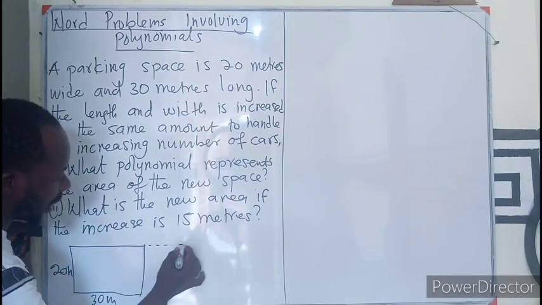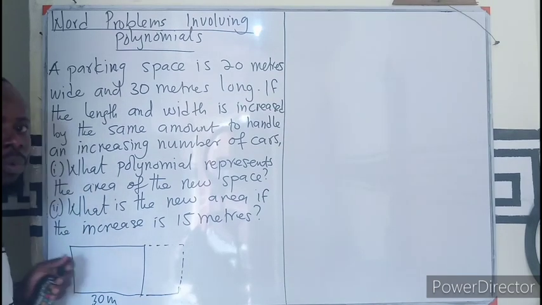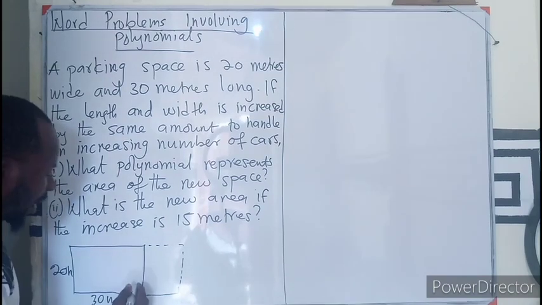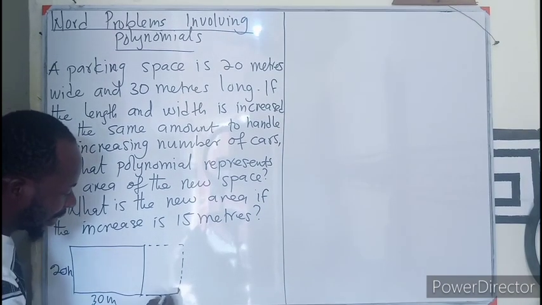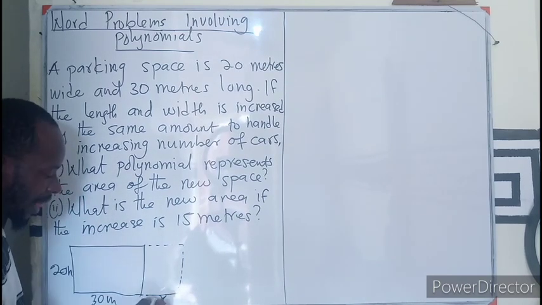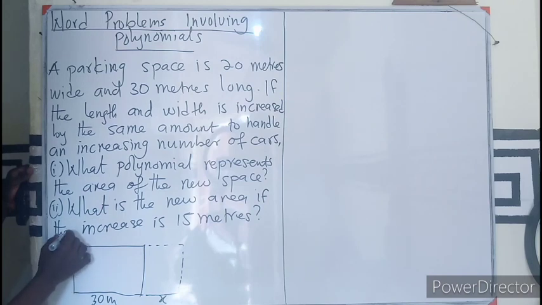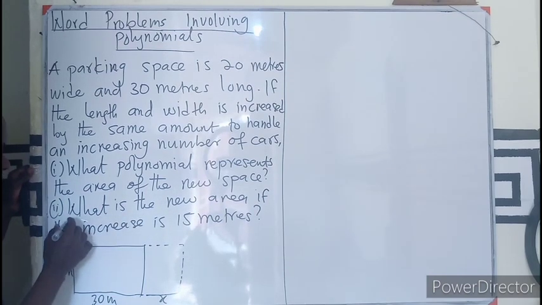This has been increased by a certain amount. That certain amount, simply, we don't know. So we have increased the length by a certain amount. That certain amount that we added to the length is the same amount added to what? The breadth.